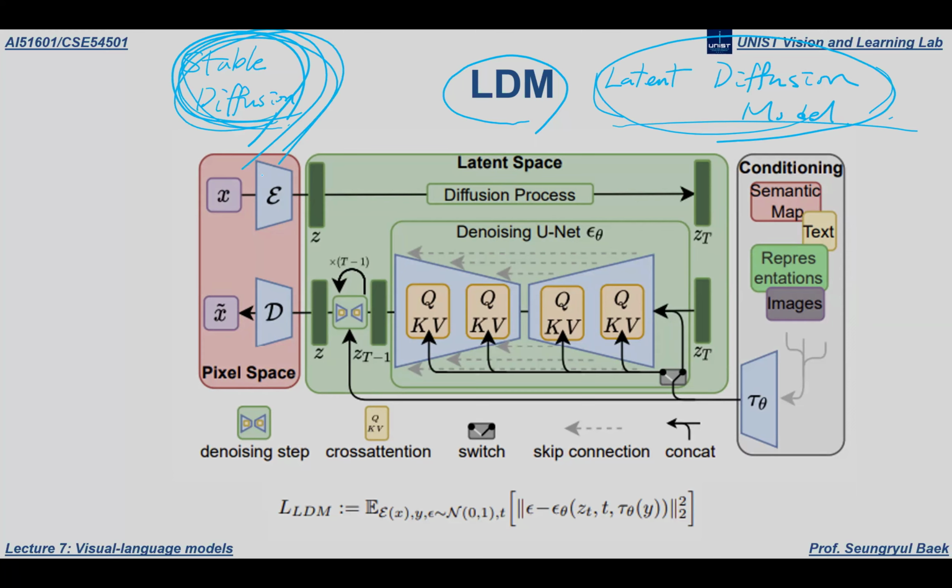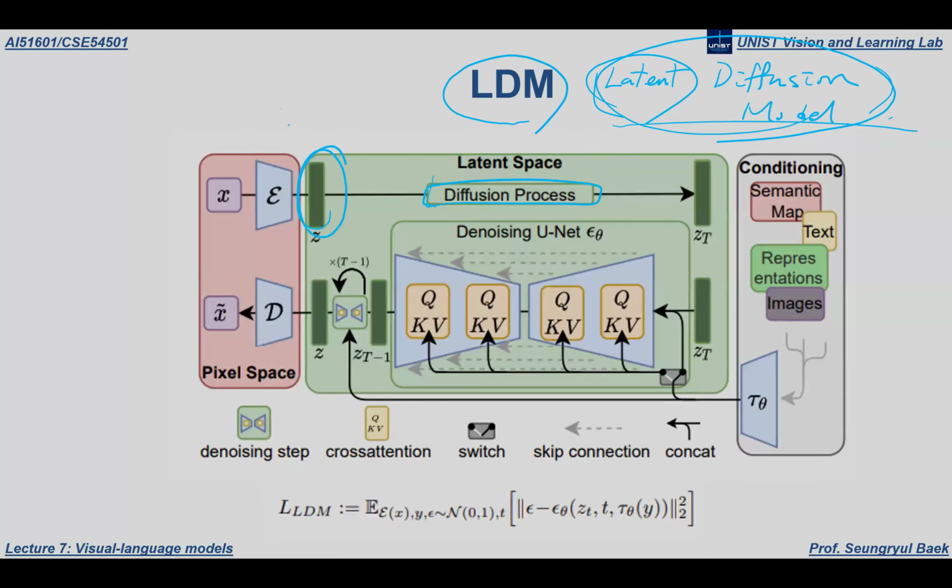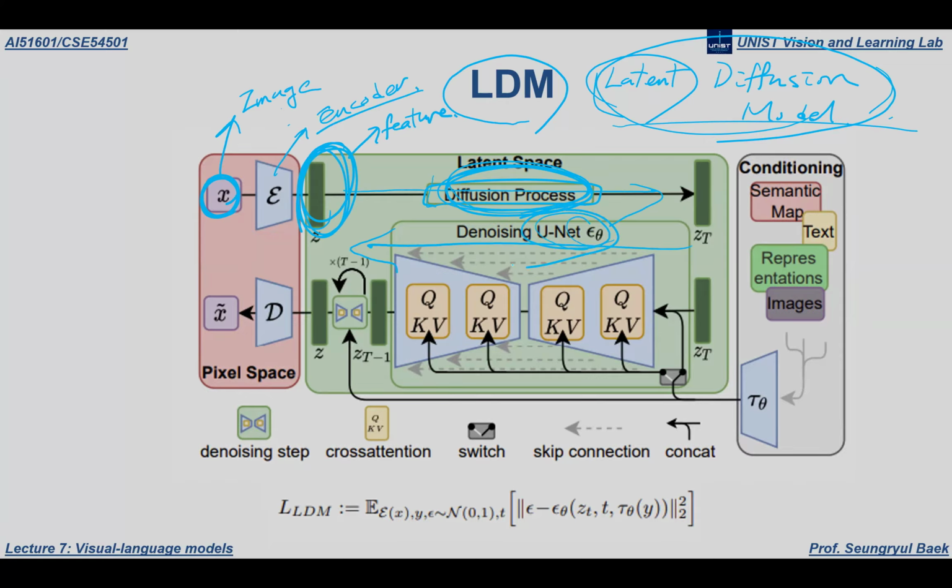It is called a latent diffusion model in the sense that they apply this diffusion process in the feature domain. So this is the original image, and the image encoder first maps those images into the feature domain. Then they apply the diffusion process, the forward process and the denoising process, using the UNet architecture.